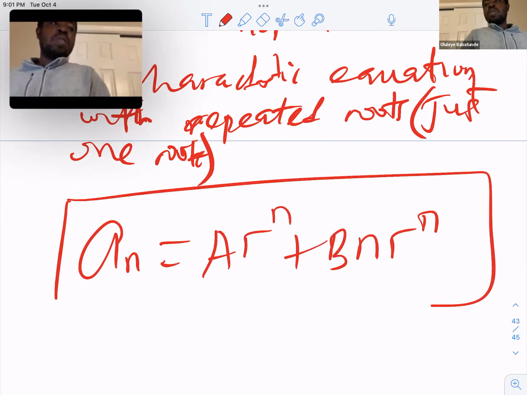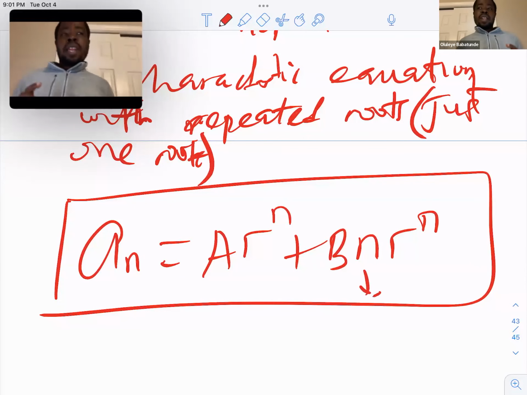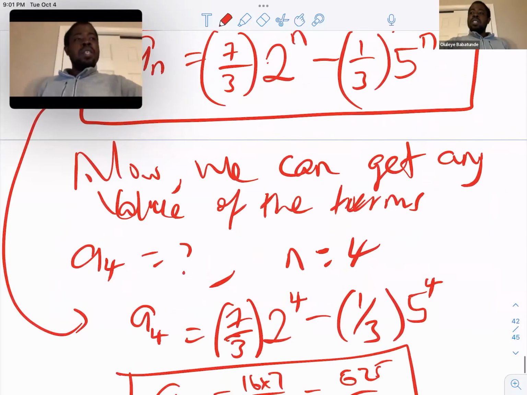Look at the difference between them: this one has an extra n, while this one does not have n beside it. So this has got n beside it.